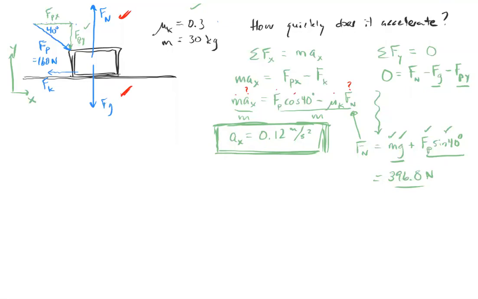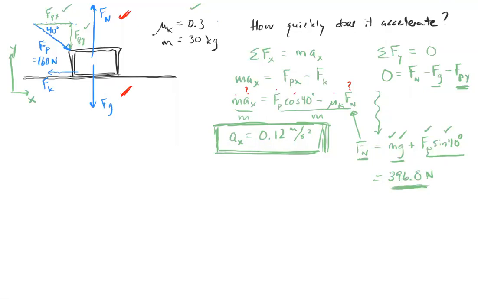So the other thing that is going on here, in addition to there just being a piece of the force acting in the x direction, that F sub px, is that because we're pressing down with this y component of our push, that makes F sub n bigger than it was in the last slide by a significant amount, if you go back and compare those numbers.